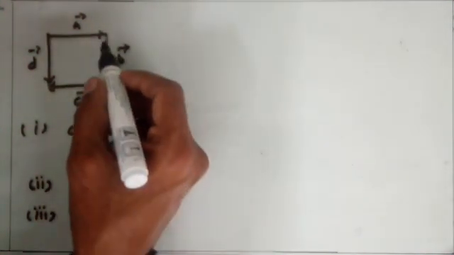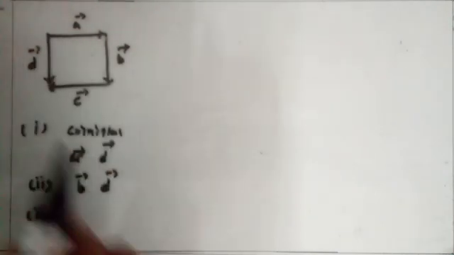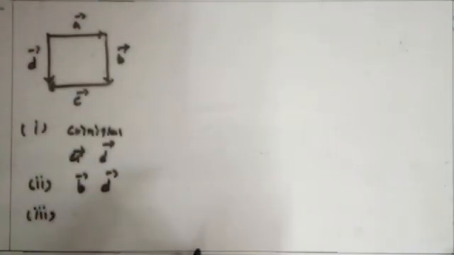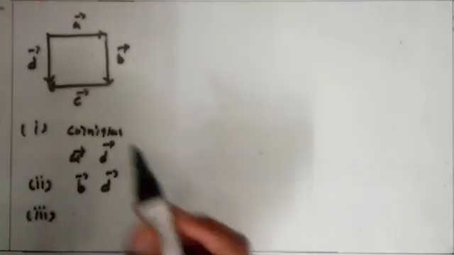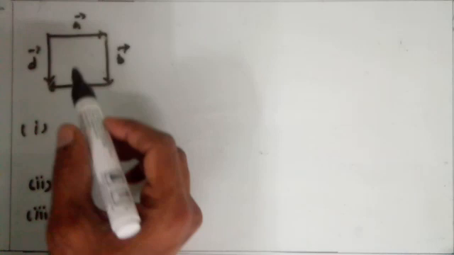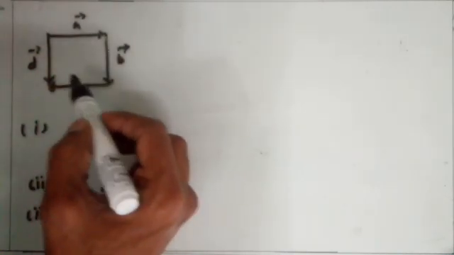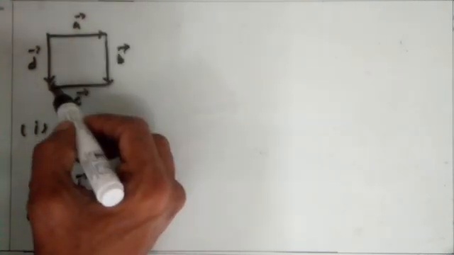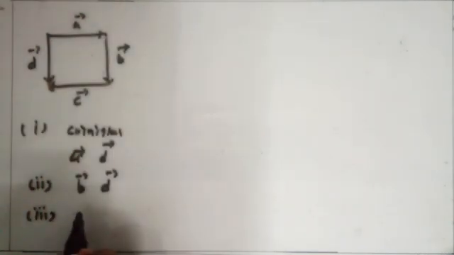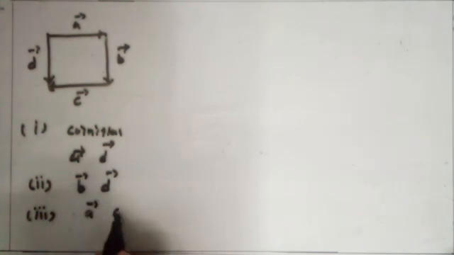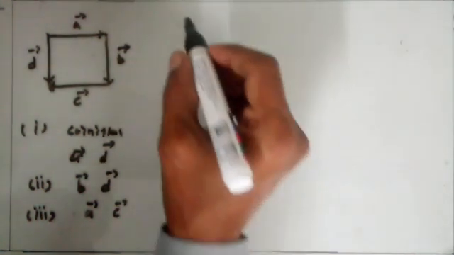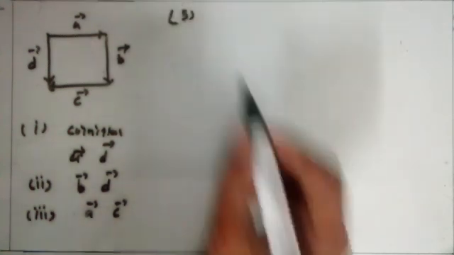Here, in this case, vectors A and C have the same magnitude but different direction. So vectors A and C are collinear and not equal vectors. Clear?